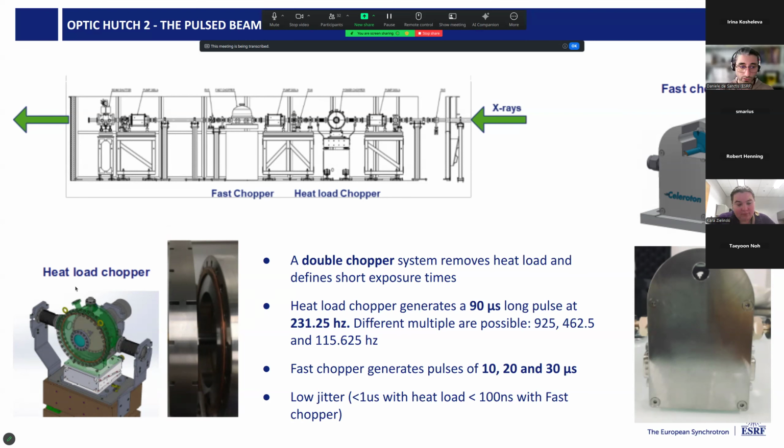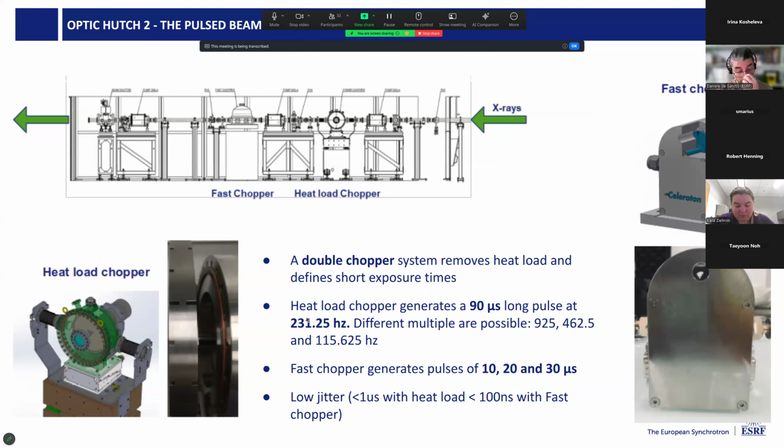We have a first heat load chopper, which is internally designed. You see this slot profile. It produces 90 microsecond pulses by spinning, and by moving the chopper to different positions relative to the beam, we can change the frequency of operation.